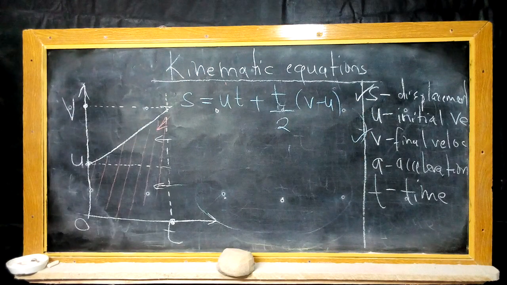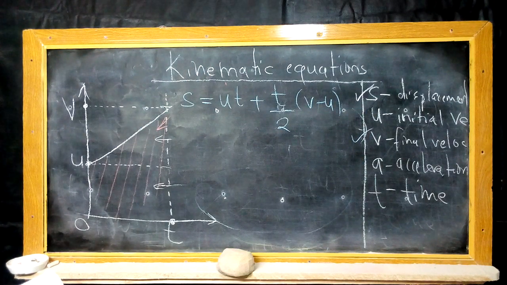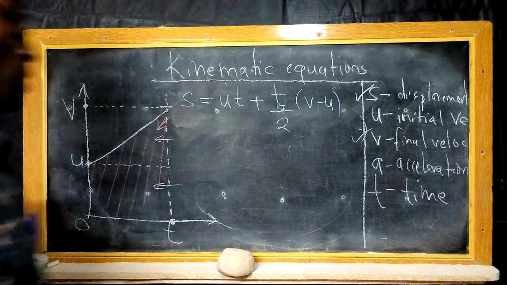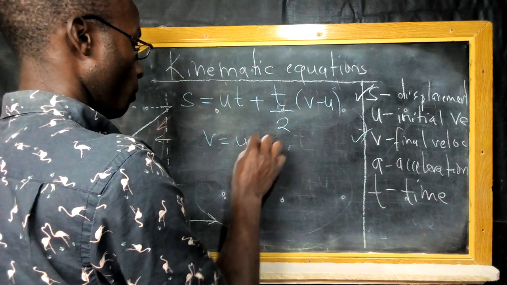So in that case, from the second equation that we have derived for velocity using acceleration, we have said that v equals u plus at.